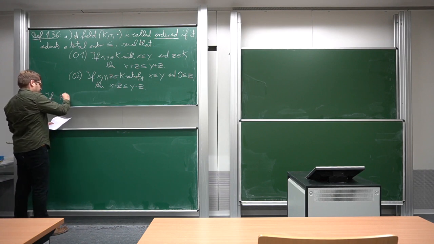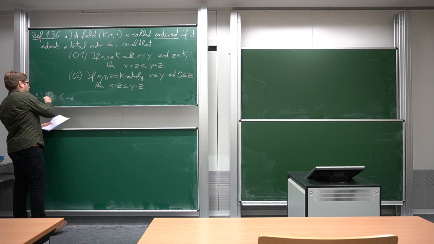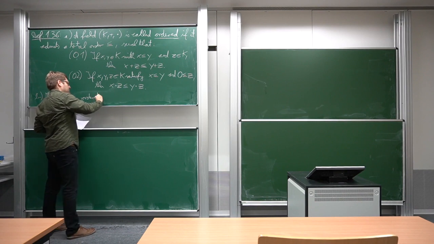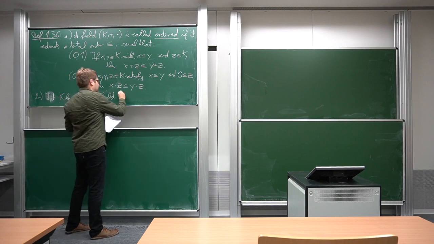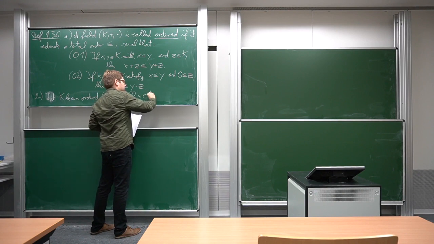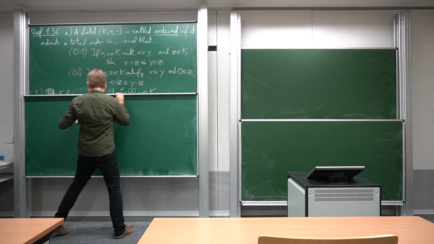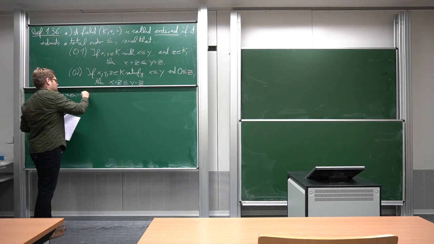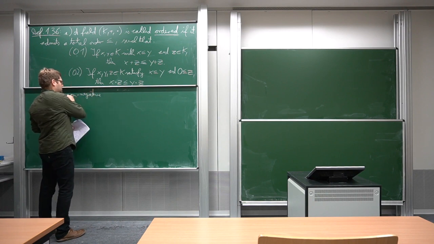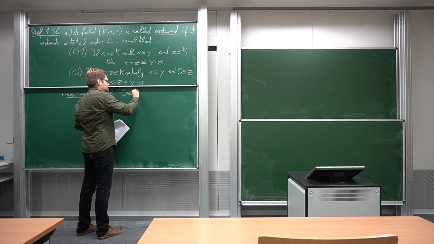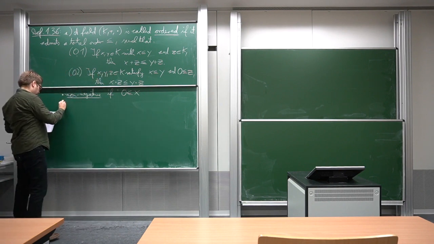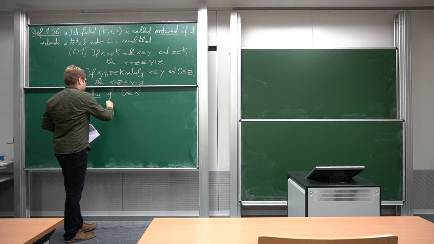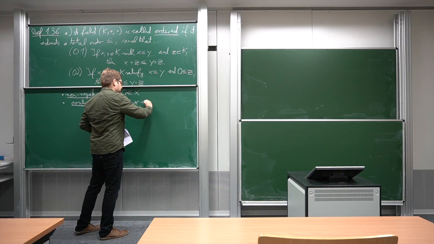Namely, let K be an ordered field. We call an element x in K non-negative if 0 is smaller than or equal to x, positive if it's non-negative and it is non-zero.